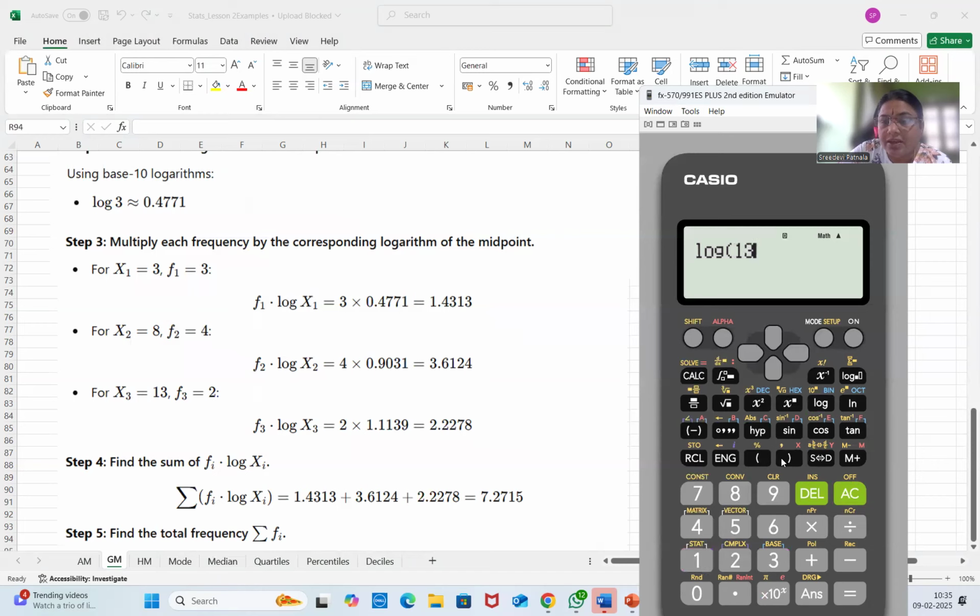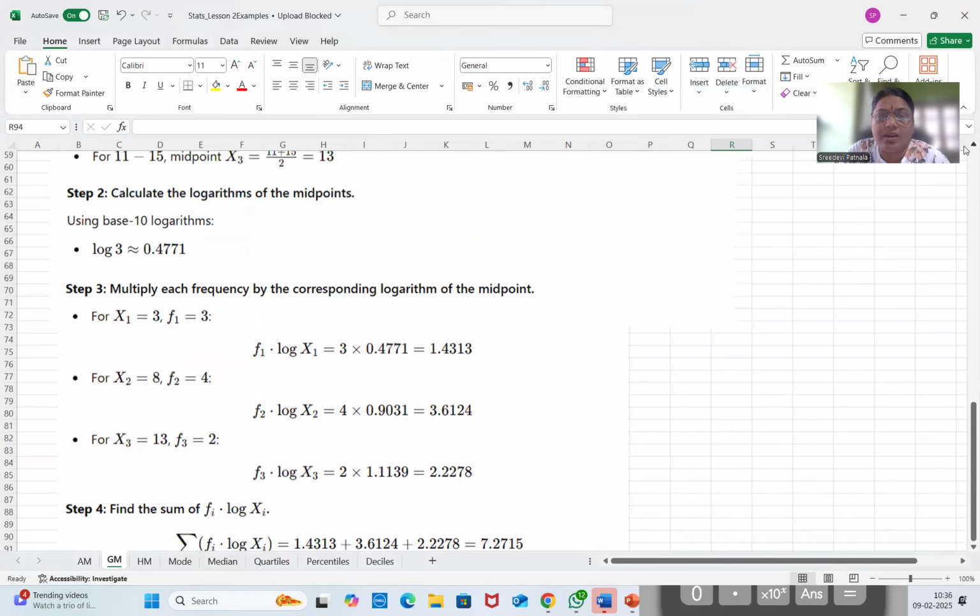Close the bracket and press equal to, you will get 1.113. So log of x3, that is log 13, is equal to 1.1139.